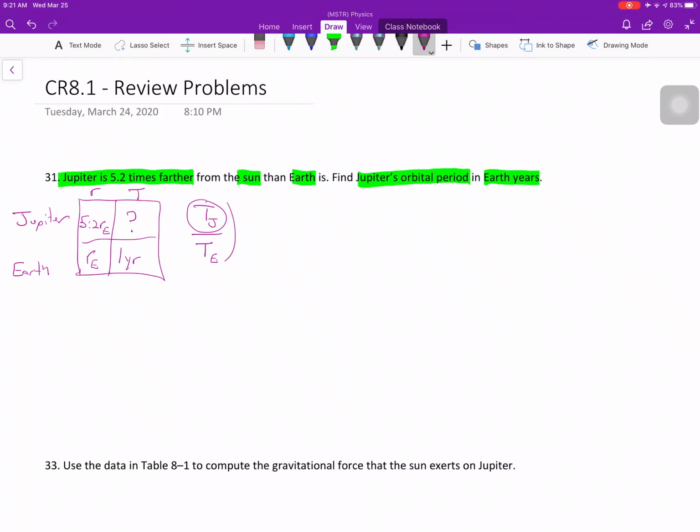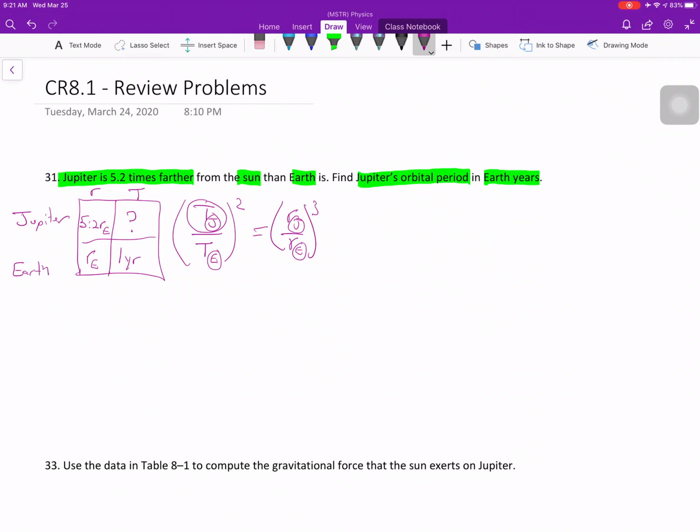And remember that that is the quantity squared is equal to the ratio of the radius of Jupiter over the radius of Earth, and that quantity is cubed. And remember that we got to make sure that whatever planetary body is on top, Jupiter is on top, and planetary body on bottom is on bottom. That has to be consistent.